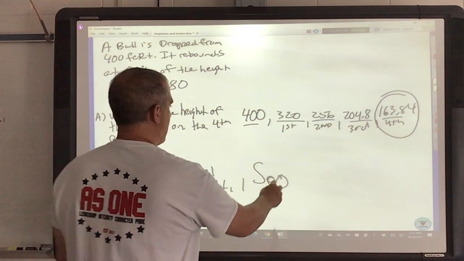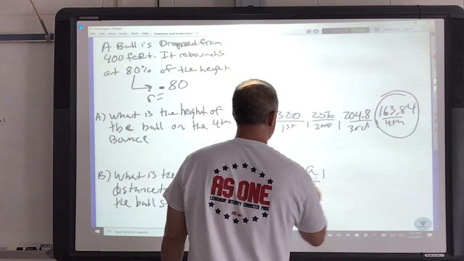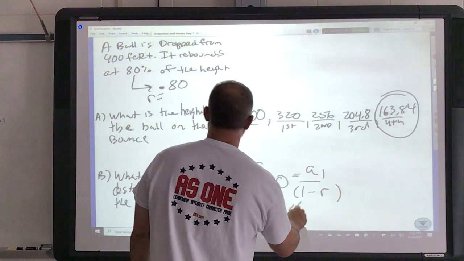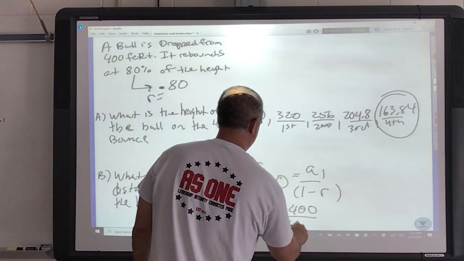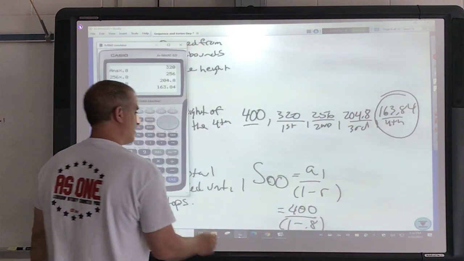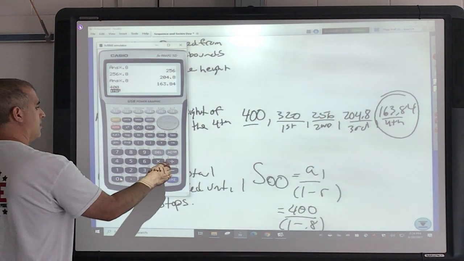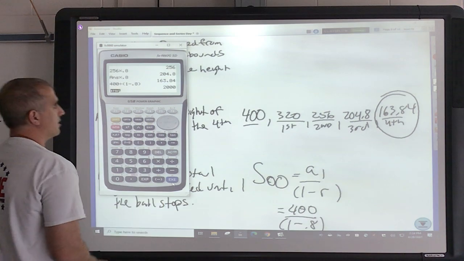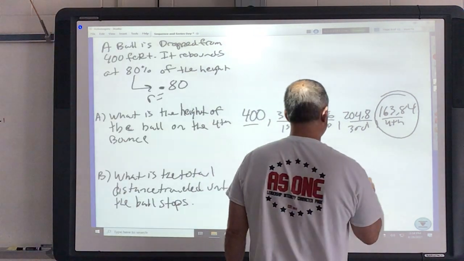So how do we do that? That's A1 over 1 minus R. A1 is 400, so 400 divided by 1 minus 0.8, and that's going to go to 2,000 feet. It's pretty crazy, but that's how much it bounces.